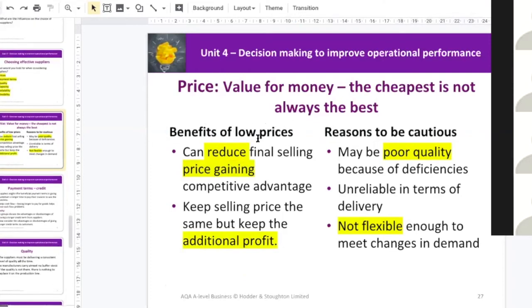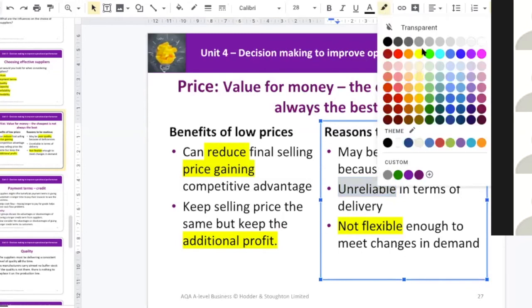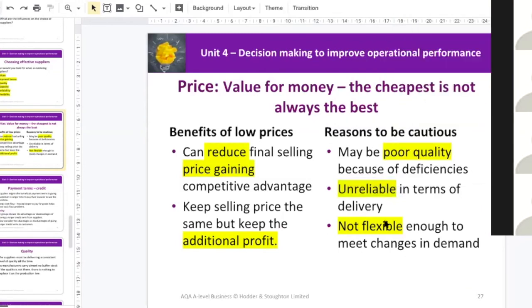If you keep the price the same, your profit margin will be higher. But the problem is they're not very reliable. Their quality is not very good. Also, there's no flexibility as well.